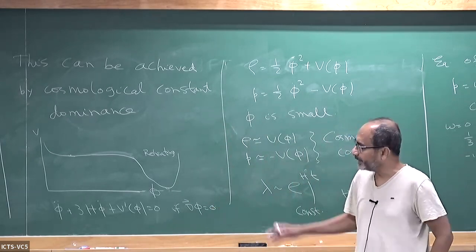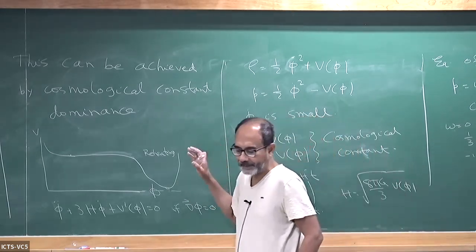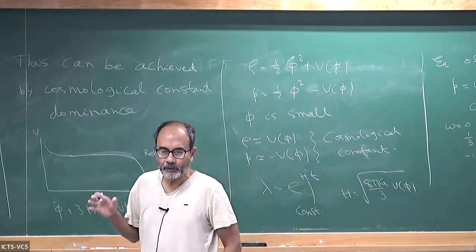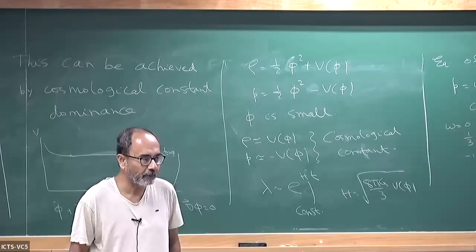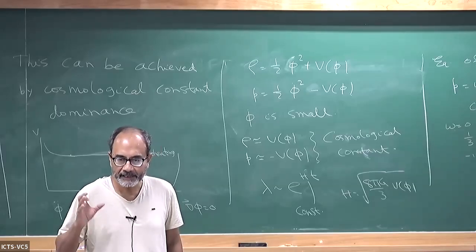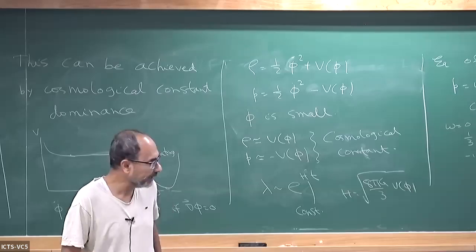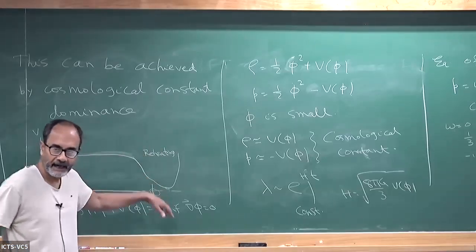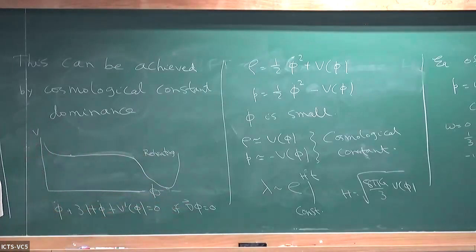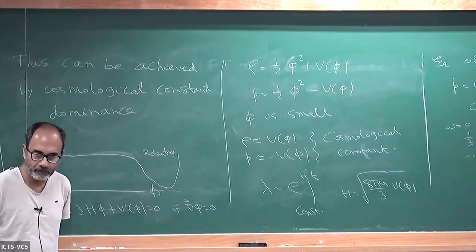It looks from this physics that you have to very narrowly fine-tune things. But we will see next time, or maybe at some time, that even just m^2 phi^2 will do the job. You don't really need this highly fine-tuned kind of potential. That's a simple polynomial. The simplest is m^2 phi^2 or lambda phi^4.